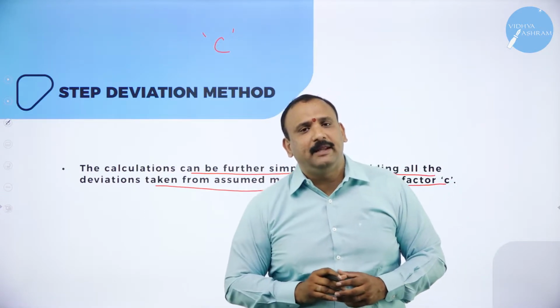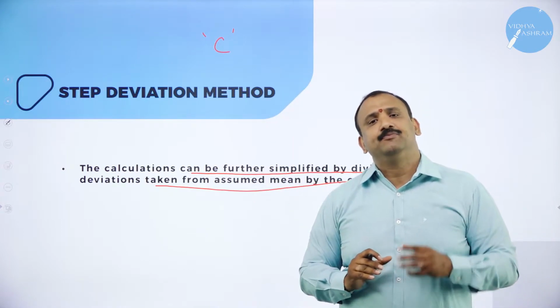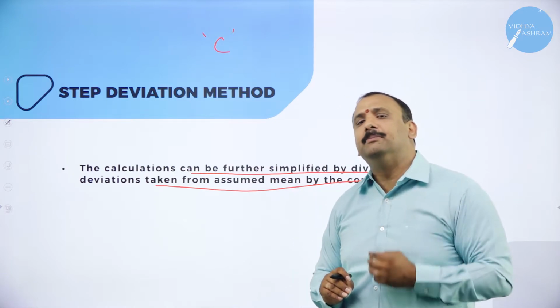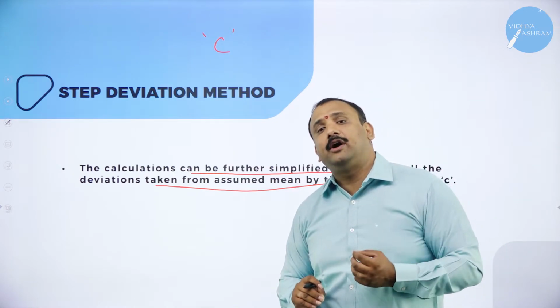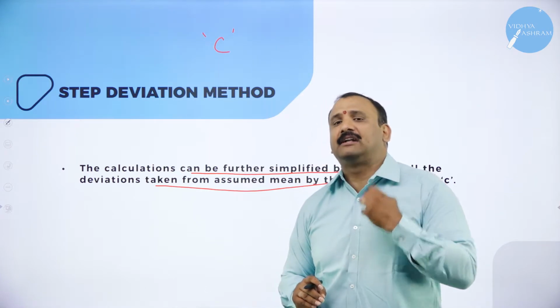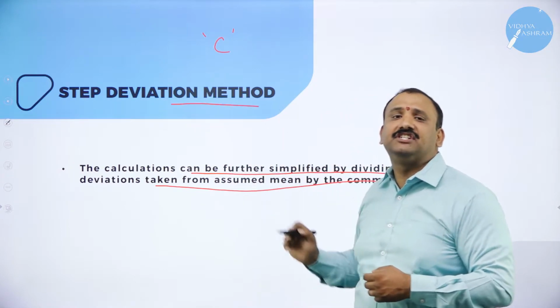Now, how is the application of this step deviation method? For example, if you are going to do an assumed mean problem which has got multiple deviations, which has got multiple factors altogether, then we start coming into the step deviation method. Why?